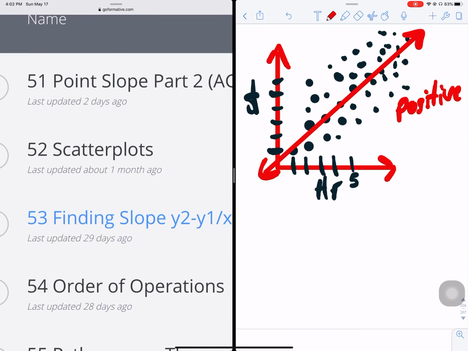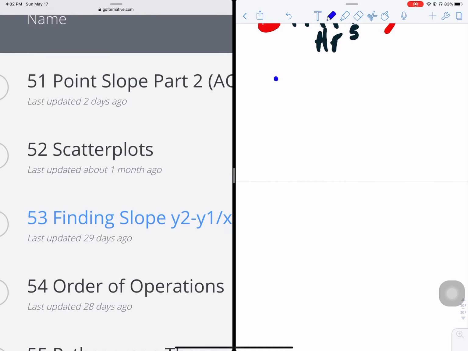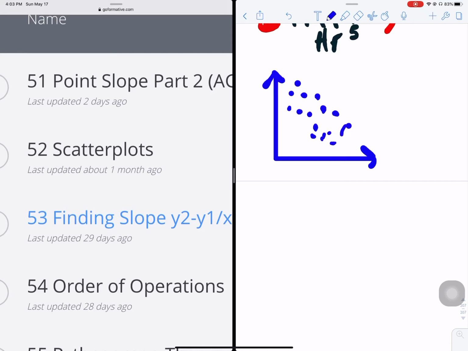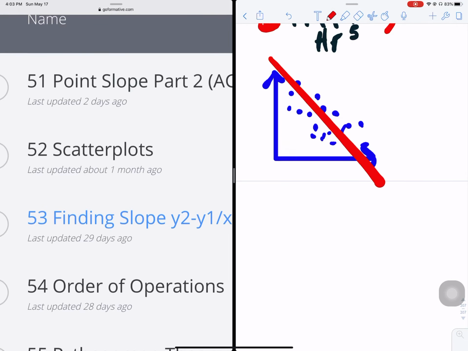Okay. And then obviously you know what's coming next is a negative correlation, and negative correlation would be something that looks like this. And so then if I were to draw that line, which again, we're not drawing the line, but you do need to see the trend. This is a negative correlation.